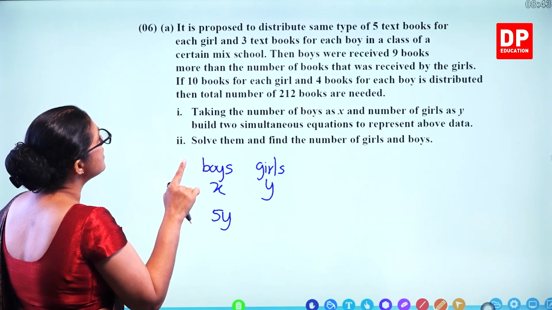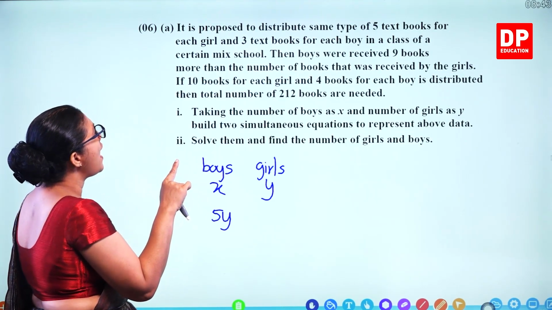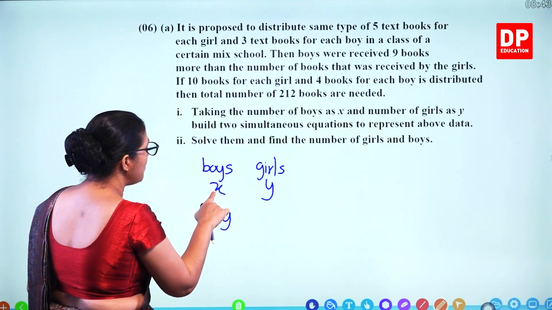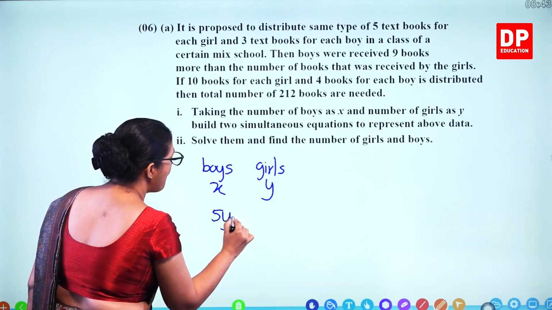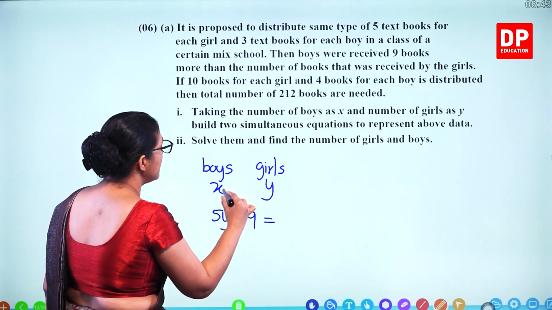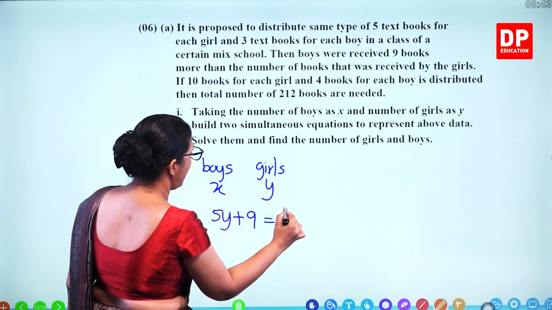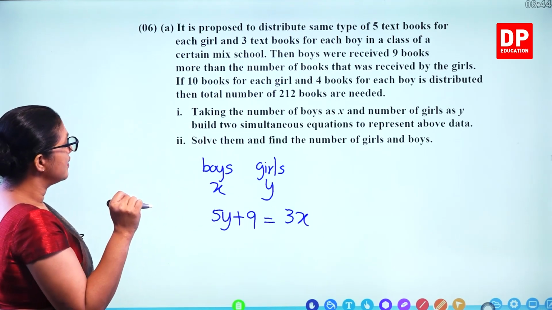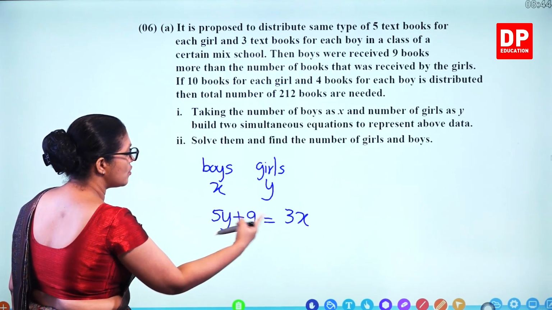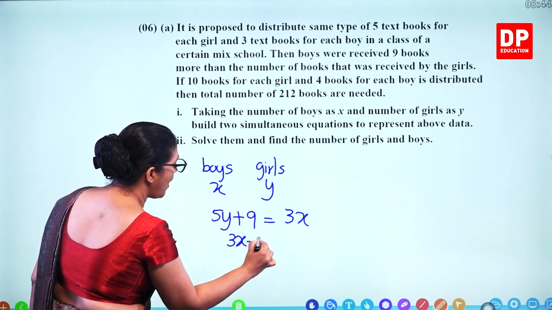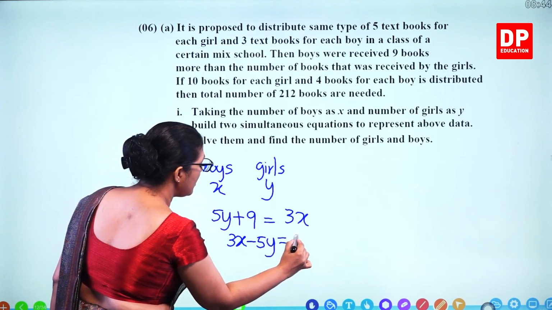Then boys will receive 9 books more than. So 9 books more, that means 5y plus 9 is 3x. So the difference between the books is 9. When you take it to this side, I can write 3x minus 5y equals 9.